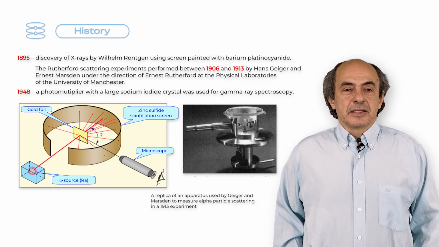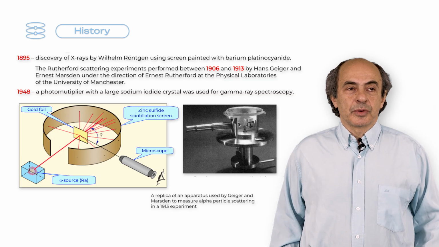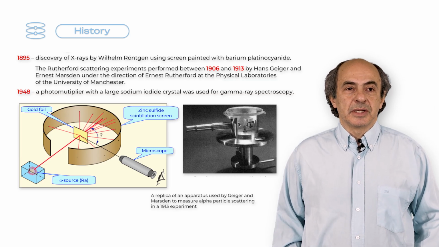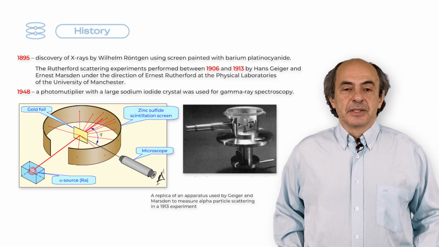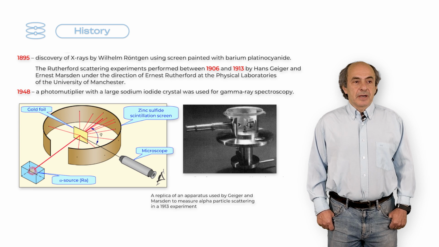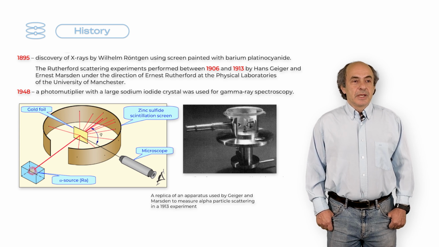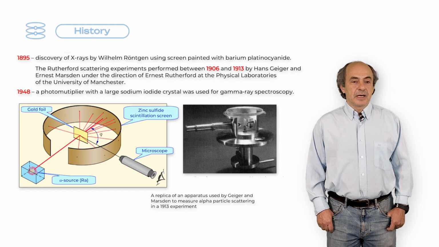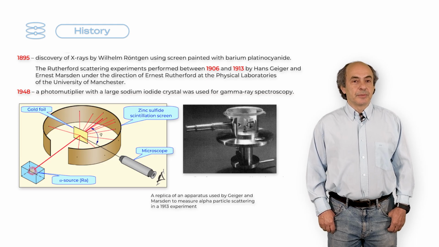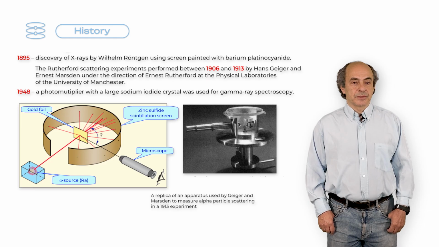These experiments showed us how the atom is built inside. But this was an era when only the naked eye was used as a light detector. The new era started in 1948, when a photomultiplier was used with a large crystal of sodium iodide to detect gamma rays for gamma ray spectroscopy.